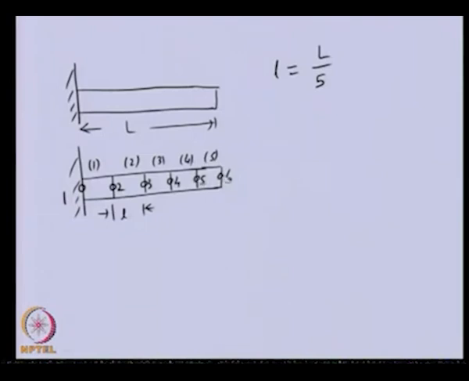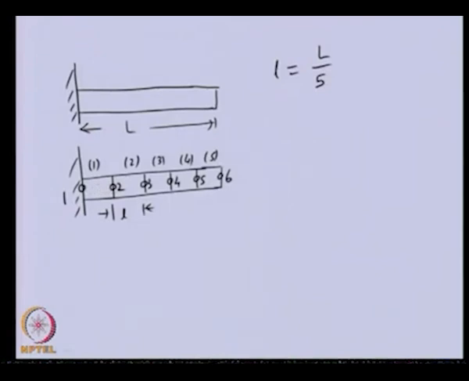So, these are the node positions, and in the finite element method we will try to find the solution at these node positions, and if we want the solution in between, we will use some kind of interpolation function to obtain that.